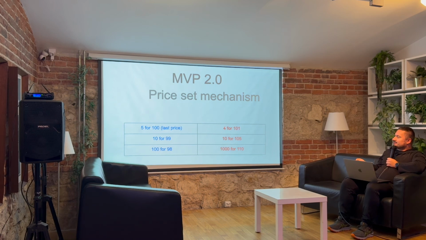In this specific case, we won't have any trade, because this is a buyer who wants to pay at most 100, but the cheapest seller says, okay, I will sell for 101. And in this case, we don't have a trade, because there is no point to sell for him, and there is no point to buy for him.